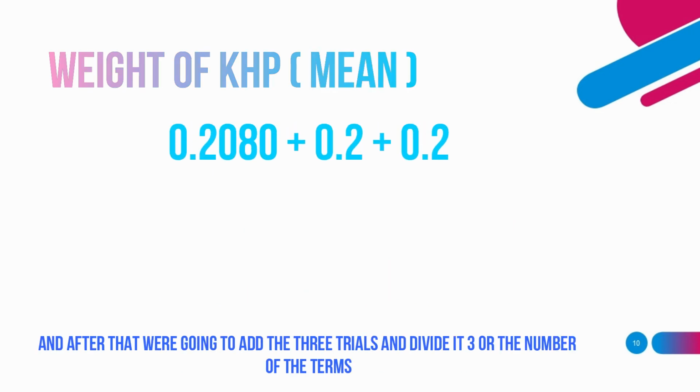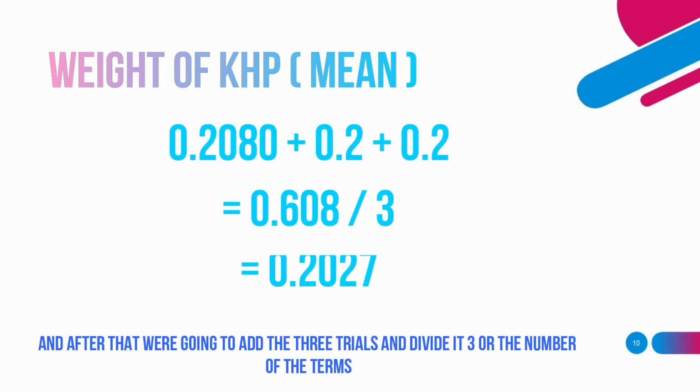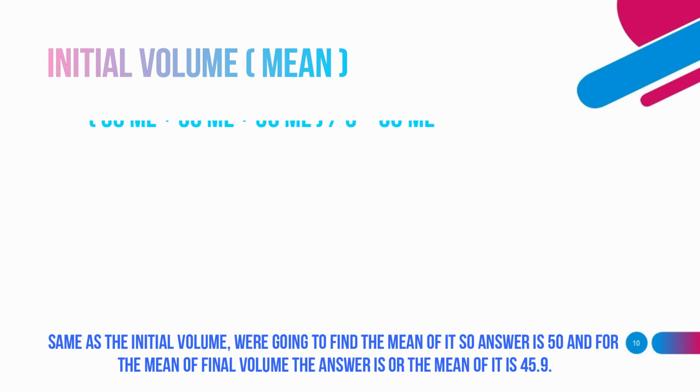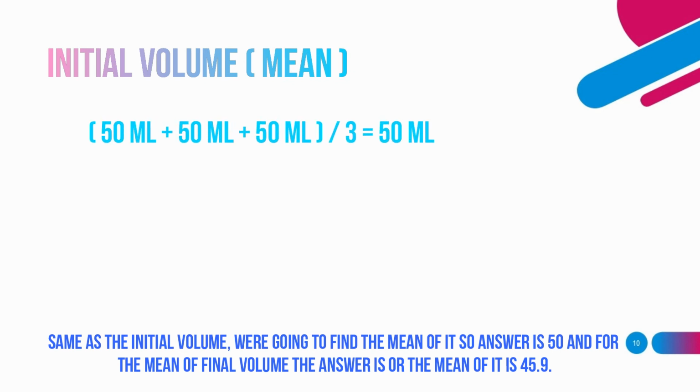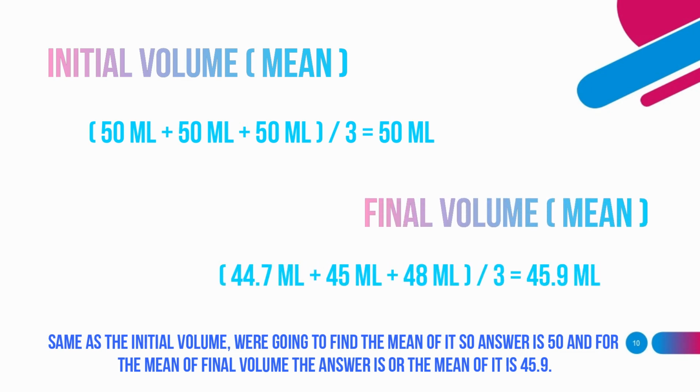And after that, we're going to add the 3 trials and divide it by 3, the number of the terms. Same as the initial volume, we're going to find the mean of it, so the answer is 50. And for the mean of the final volume, the answer is 45.9.